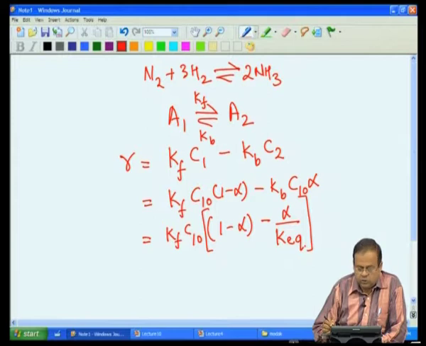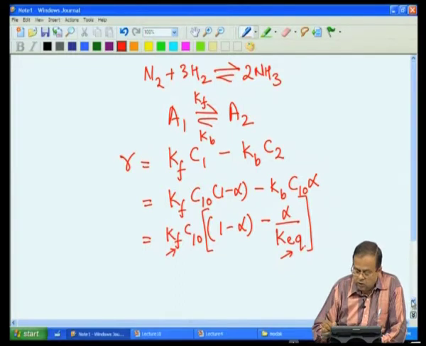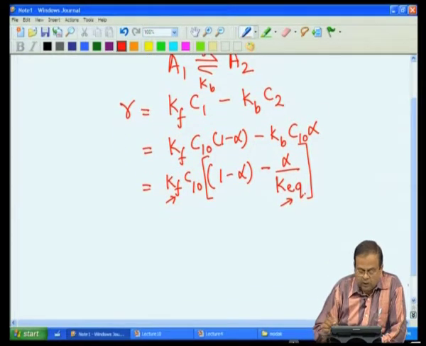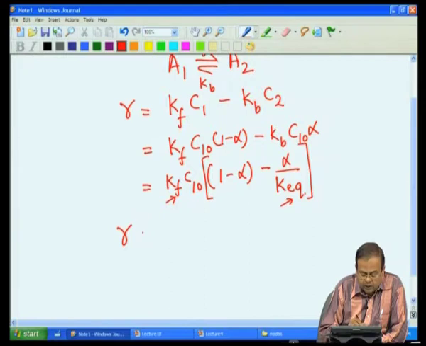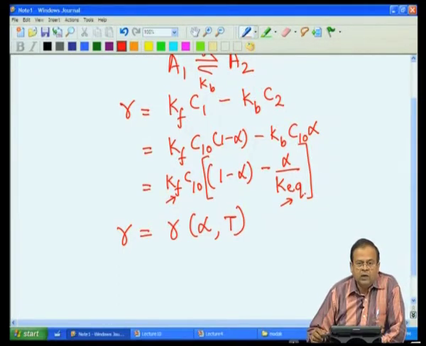We have seen all this. So, we know that this is a function of temperature, this is a function of temperature. So, let us try to look at what will happen to our rate of reaction, or in general I can write my rate of reaction as a function of progress of reaction alpha and temperature in the reactor T.